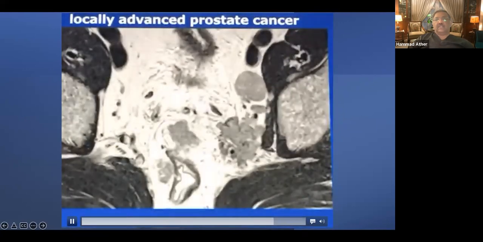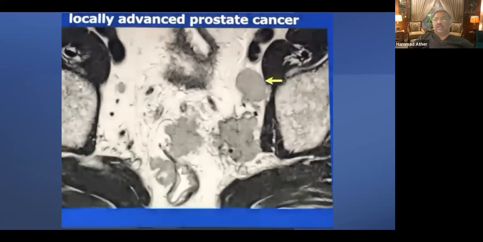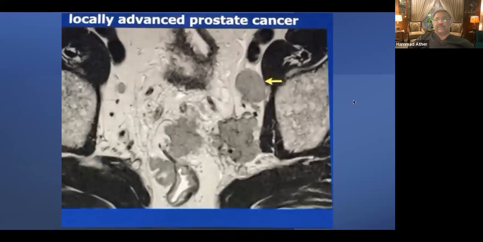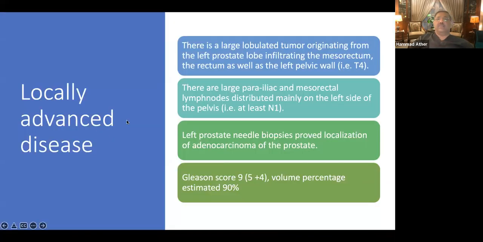So I think it's quite clear even to urology residents, trainees, and myself that this is a locally advanced prostate cancer. I think this is all something that we have seen.